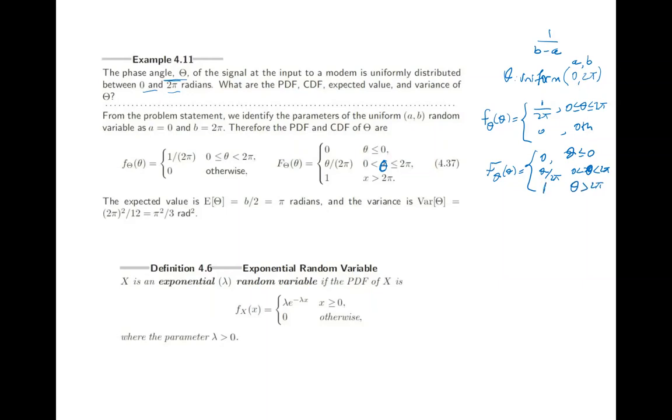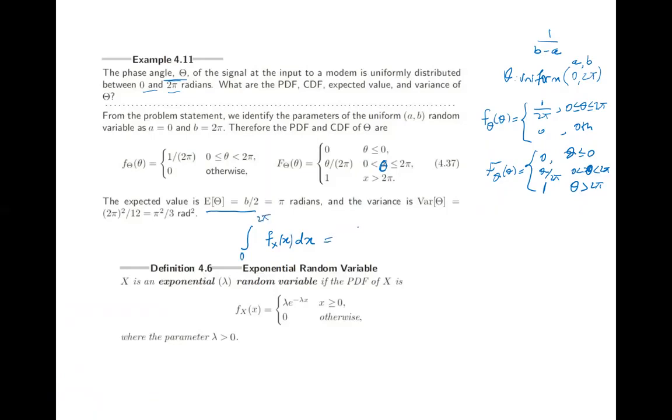Okay, so for the expected value, we should use the integration. Remember that it was x times f_X(x) dx through the range 0 to 2 pi.